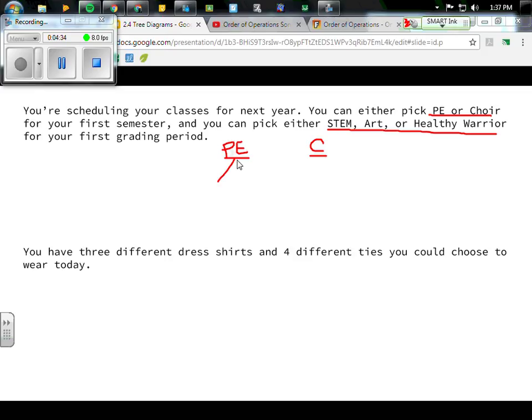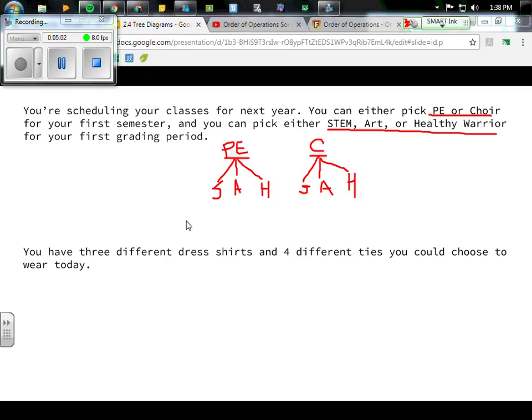So I'm going to have 3 branches here for level 2: STEM, art, or Healthy Warrior. That is if I pick gym for my first semester class. Well, if I pick choir for my first semester class, I can also get STEM, art, or Healthy Warrior.